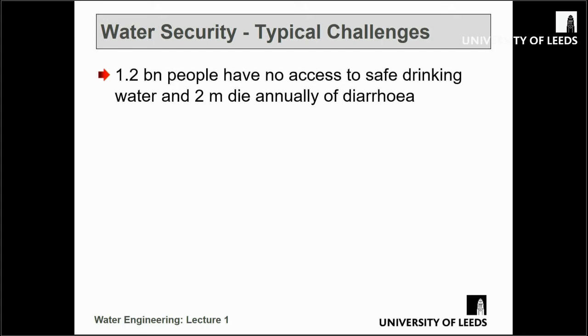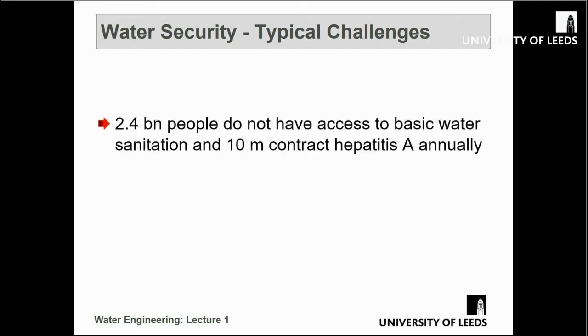Huge numbers, situations that none of us have been in. We've always got access to drinking water, and all the sewage and dirty water is taken away. It's really a challenge in the world, and that's being worked on. There are the Millennium Goals and the Sustainability Goals that are addressing these two points.